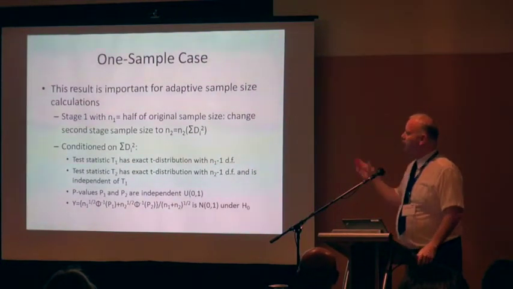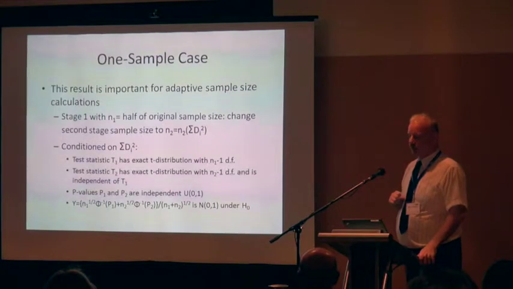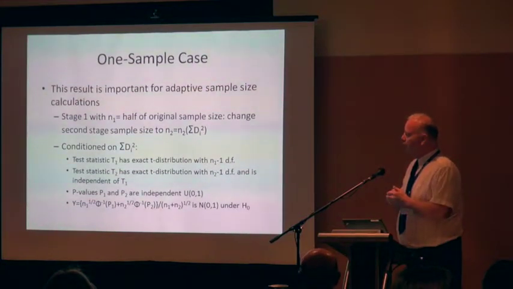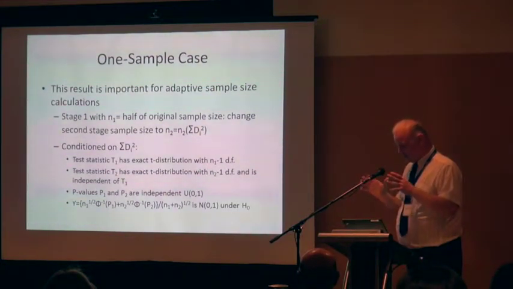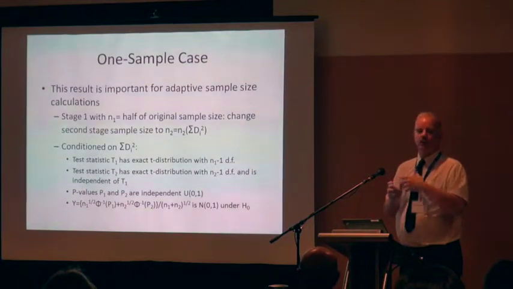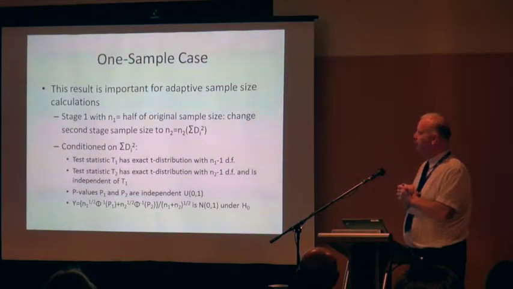It's important in adaptive sample size calculations for the following reason. So here's what you're going to do. Before the study starts, you're going to compute the sample size that you need.